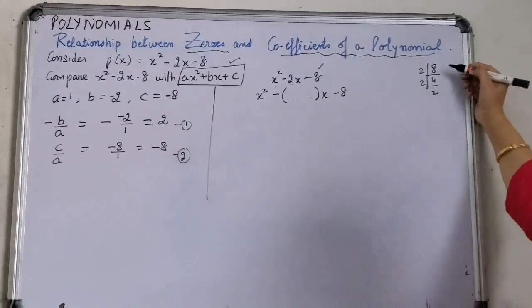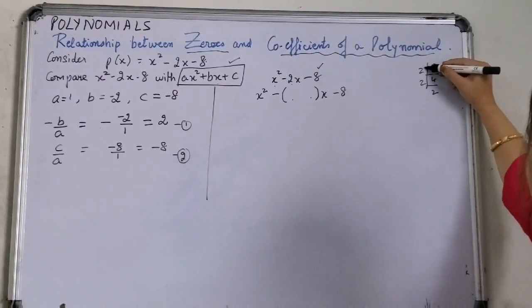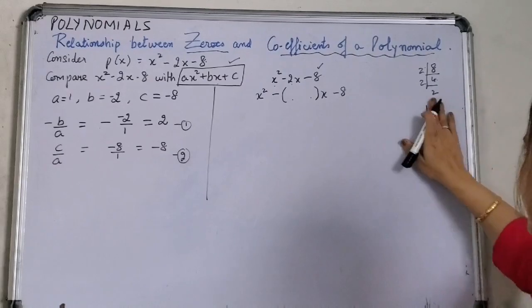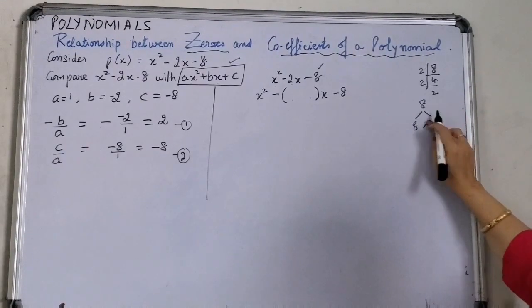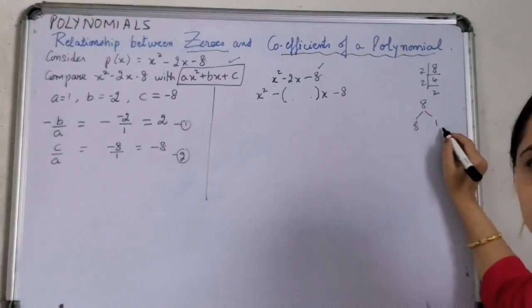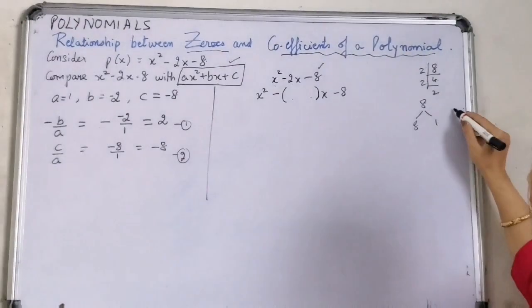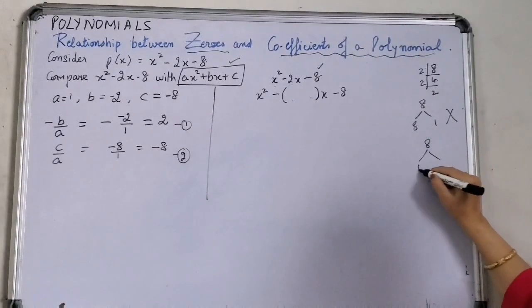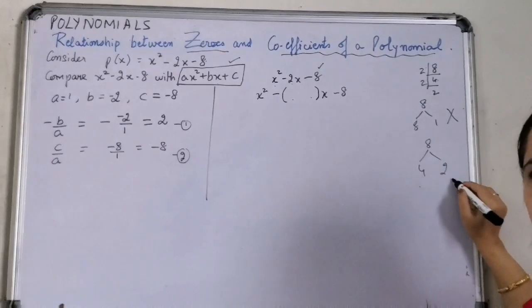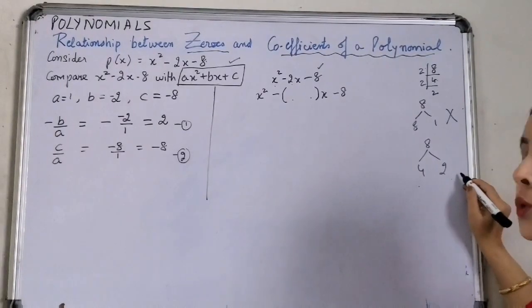Let's start from here. 4 twos are 8, right? What is the way to split the factors of 8? One is 8 ones are 8. 8 plus 1 will be 9 and 8 minus 1 will be 7. So this does not serve our purpose. Then we come to 4 and 2. 4 twos are 8, correct? 4 minus 2 is 2, this can serve our purpose.